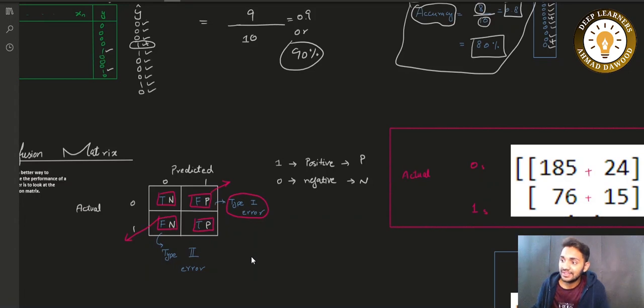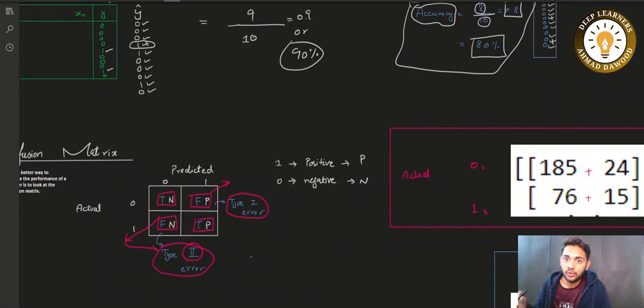The second type of error is type 2 error, which is actually the false negatives. It means that your model has predicted some samples as a negative class, but these actually belong to the true class, or positive class, sorry. So these are categorized as false negative and we usually call it a type 2 error. You will see in some sources that people use the terms type 1 and type 2.